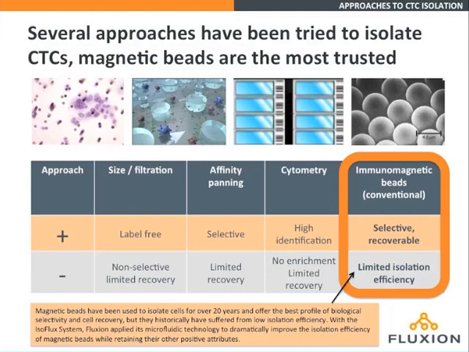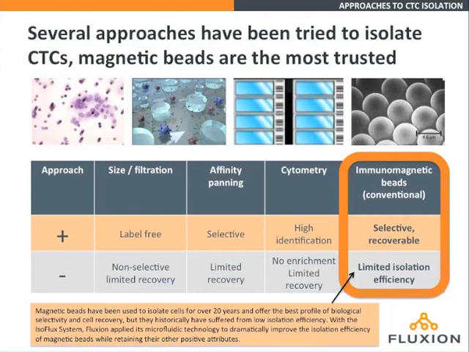Now, immunomagnetic beads are actually the oldest approach that's been around. The basic approach is to have beads that are paramagnetic, that have been functionalized with an antibody that can bind one or more surface markers for the tumor cells that are not present in white blood cells. Now, the advantages there are that it's a highly selective approach.